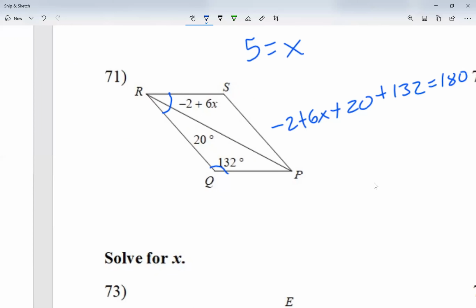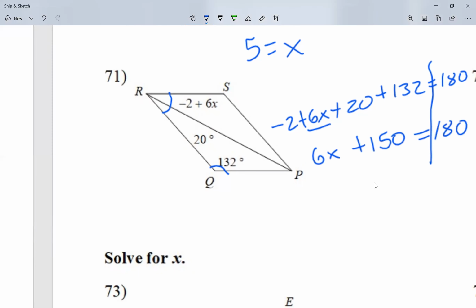All right, so let me separate them with the equal sign. Let me combine my like terms. On the left side, when it comes to letters, I just have 6x. Okay, that's all I have. Then a -2 plus 20 plus 132, that is equal to 150. So I have 6x plus 150 equals 180.